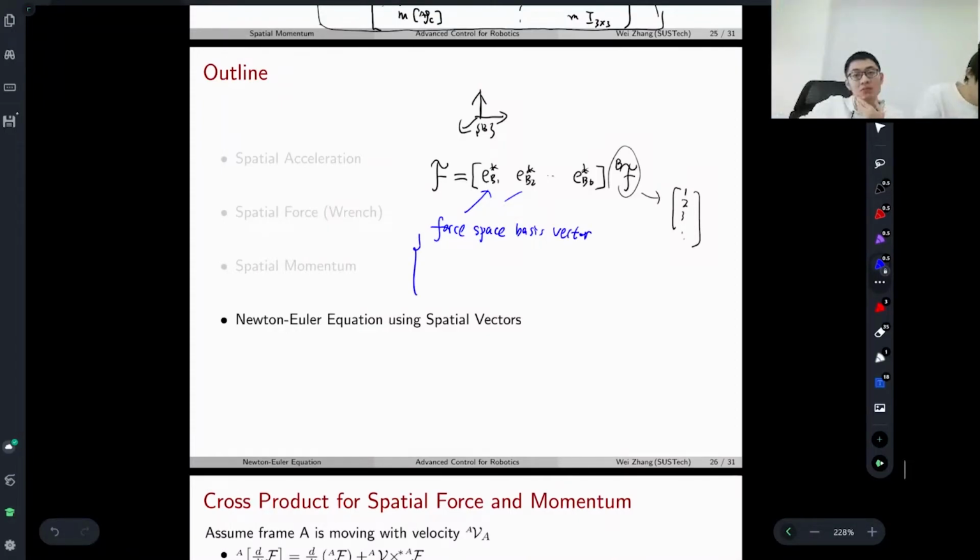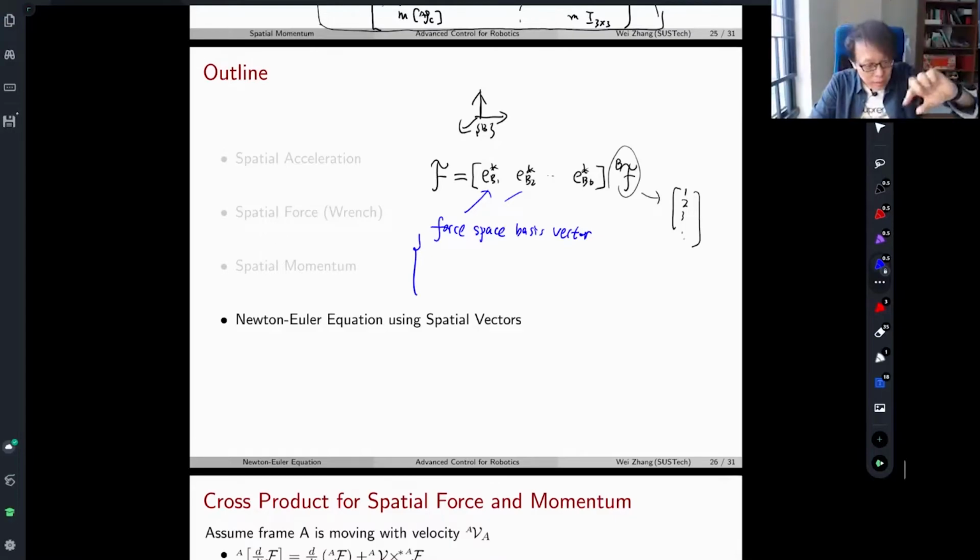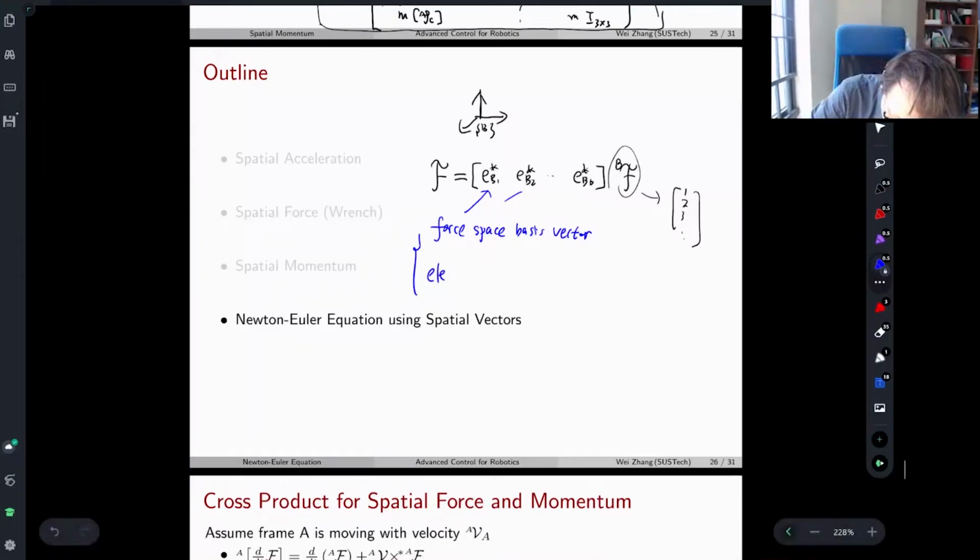Before, I mentioned that there's a motion basis vector, right? It means a vector field, or a motion that rotates about the x_B axis. And here it's the same. This basis vector really represents a physical quantity, which here we can think of as the elementary forces or torques or moments.